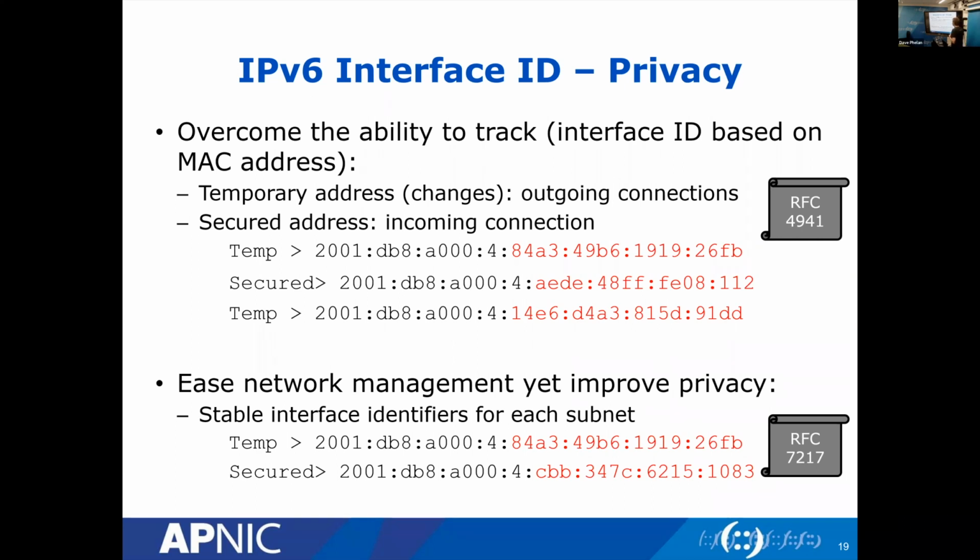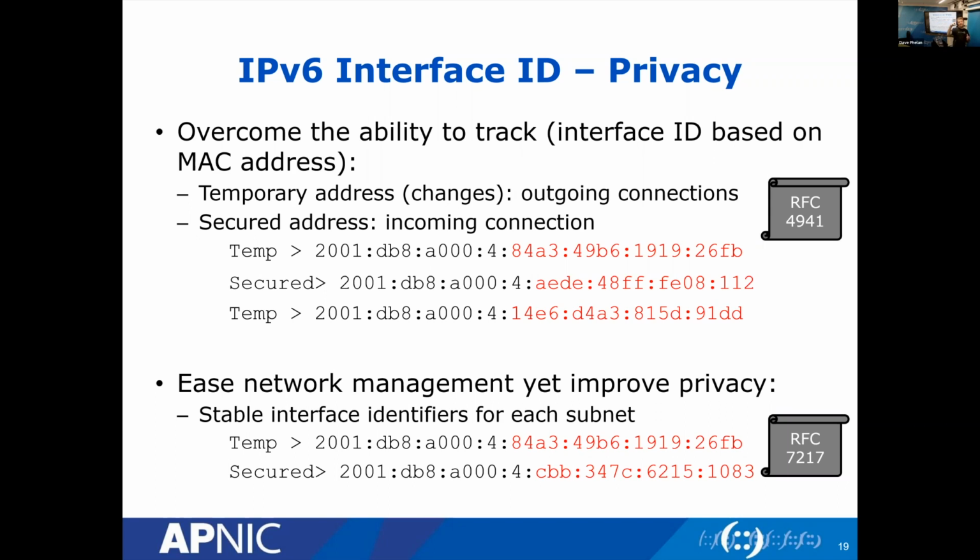So we have these temporary addresses. What my temporary address does is it creates a pseudo-random address. We'll talk about address selection shortly. And when I make outgoing connections to the internet, it will use my temporary address.